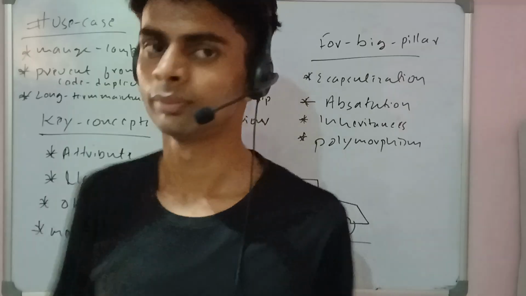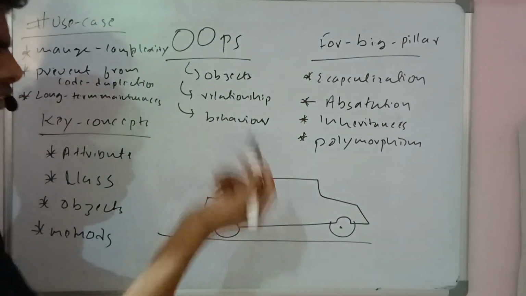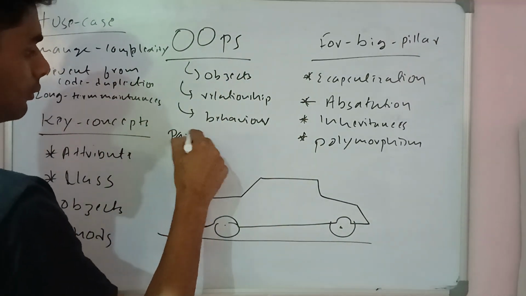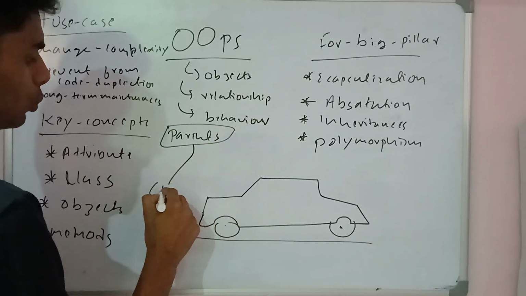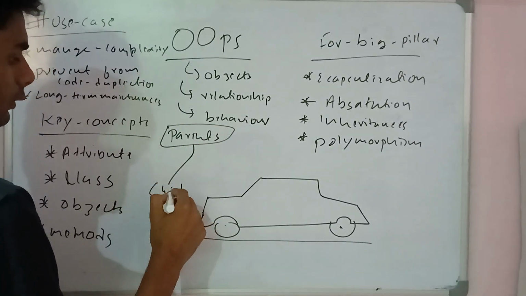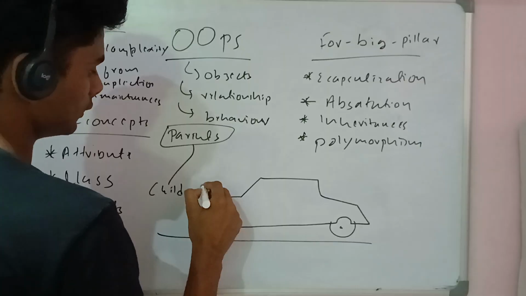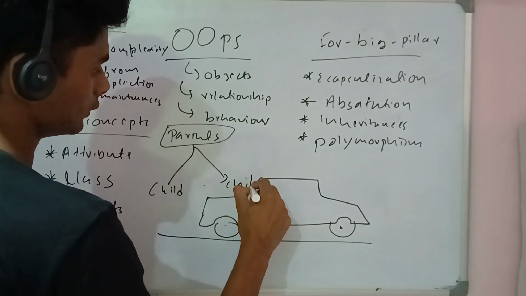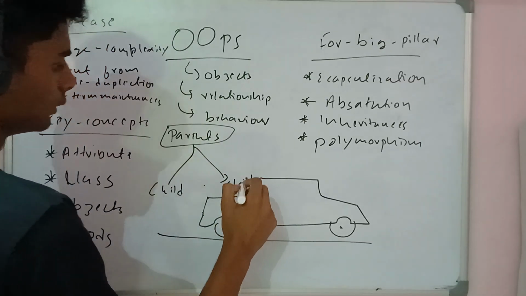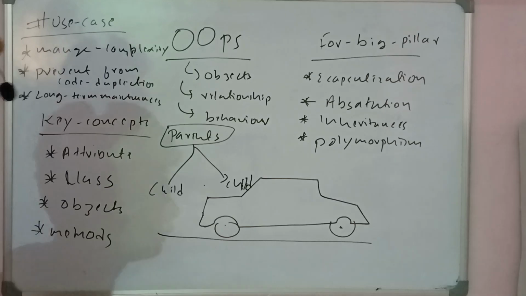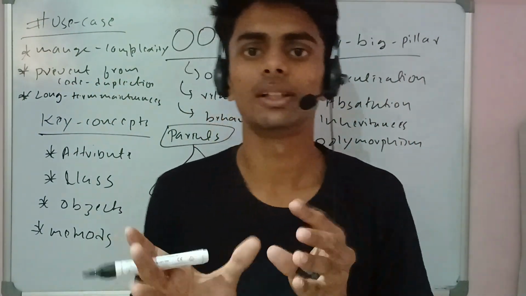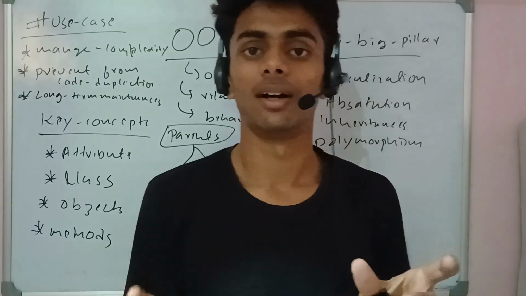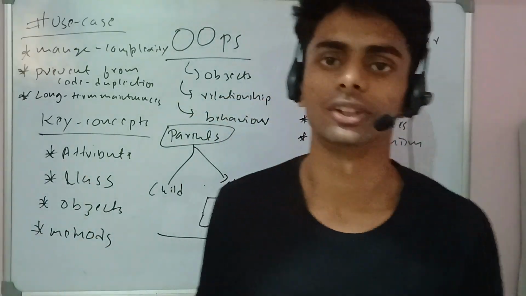Let's consider a parent and two children. The parent has two children. Both children have the same characteristics but in different forms, so both have the same DNA but different characteristics.